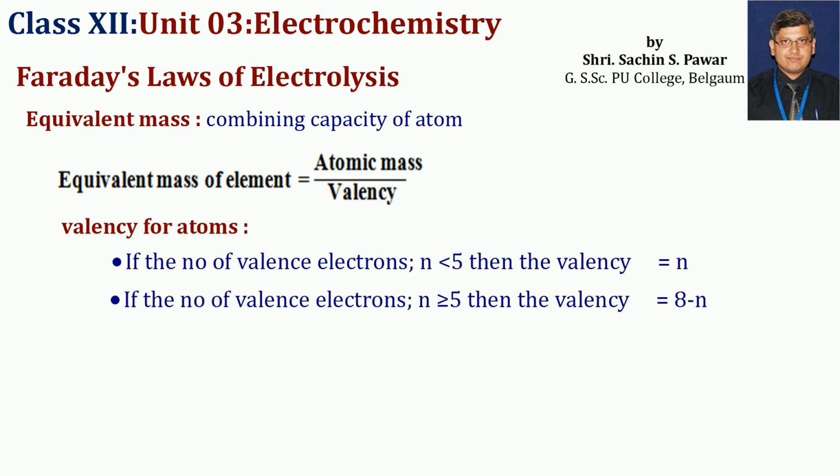From PUC first year topic chemical bonding, we can determine the valency of the atom if we know the number of valence electrons. Here, if number of valence electrons n is less than 5, then the valency is n, and if the number of valence electrons is greater than or equal to 5, then the valency is 8 minus n.